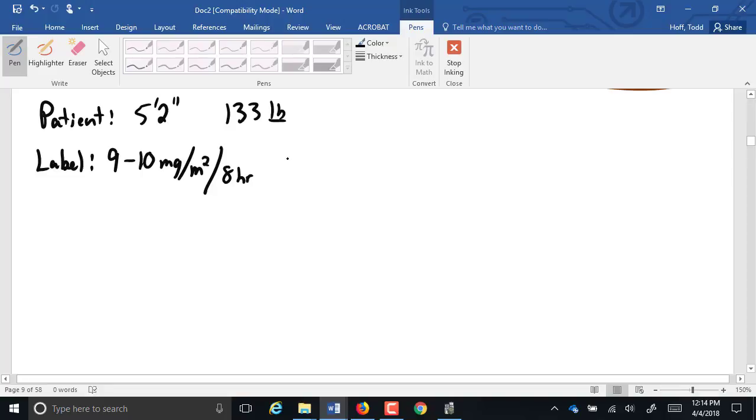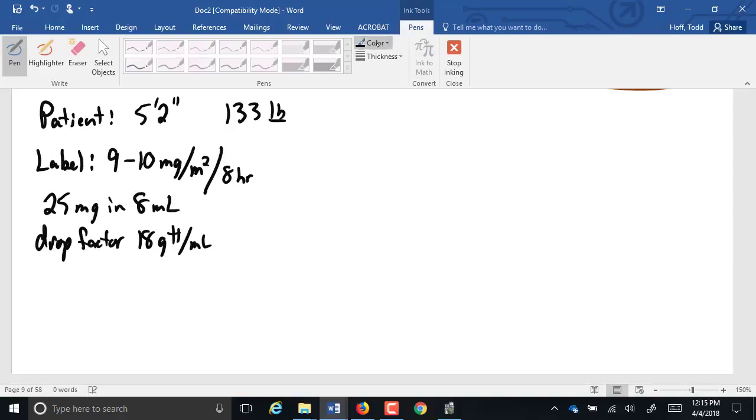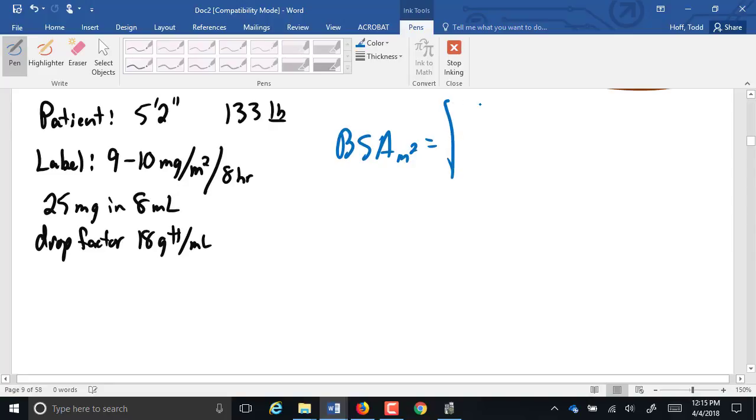The label also tells us that we have 25 milligrams in 8 milliliters and a drop factor of 18 drops per milliliter. So first thing we're going to find here is our body surface area in meters squared. 5'2" has to be converted into inches. 5 times 12 is 60, plus 2 is 62 inches.